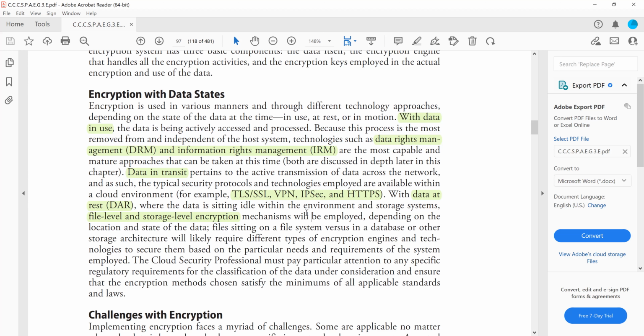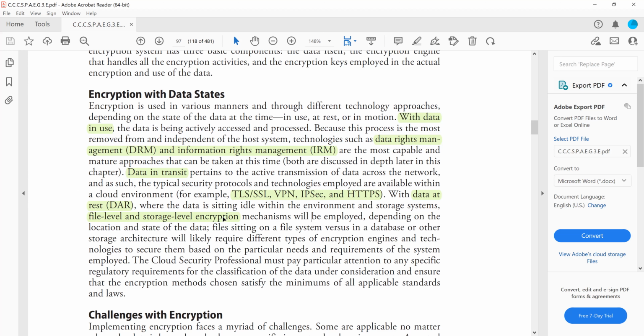Okay, I can understand where the confusion is coming from. Gentlemen, in the DAR it says file system and storage level encryption. This is a type of encryption. File level means that you are encrypting a file.